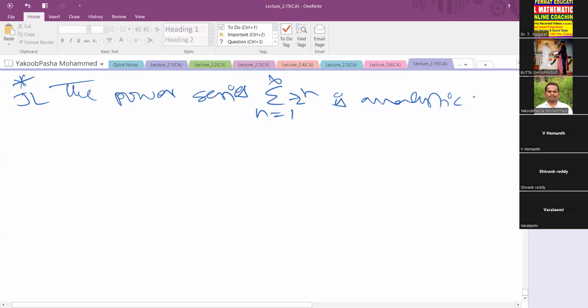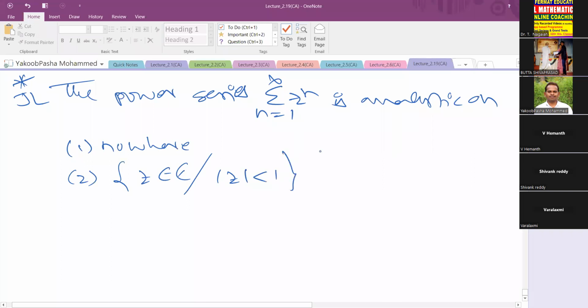Analytic means analytic on: first option, nowhere. Second option, set of z belongs to C such that modulus of z is equal to 1.